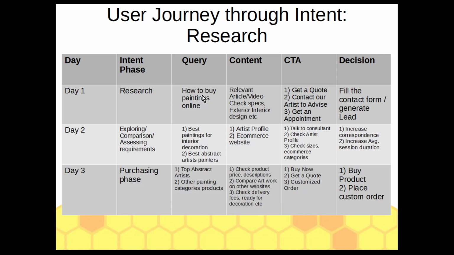Okay, so they have the same user query and you have a similar title, so they understand that, hey, I should visit this. So they read it and they decide, like, these are the calls to action available. You can have get a quote, or you can put this into a button, or you can display a small form in a widget that says contact our artist to advise you, or you can say get an appointment.